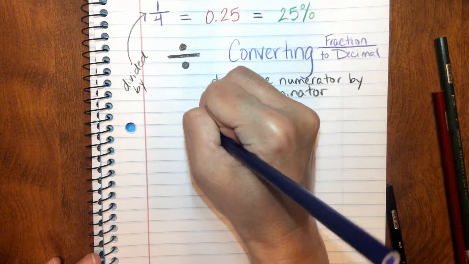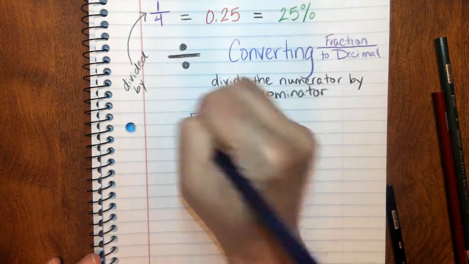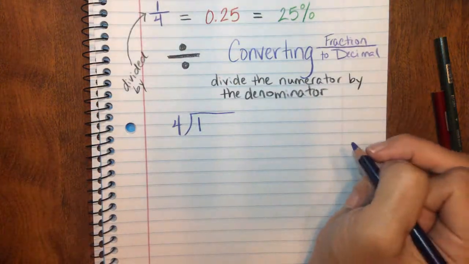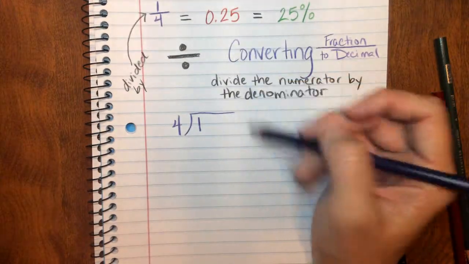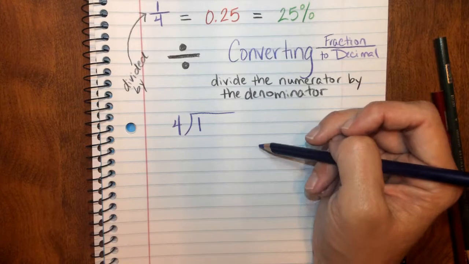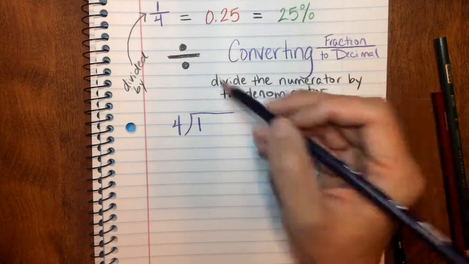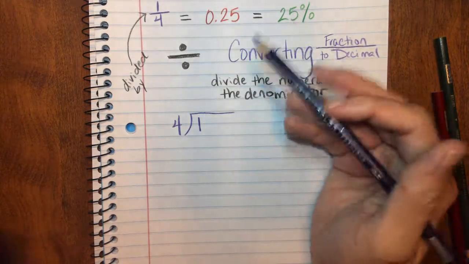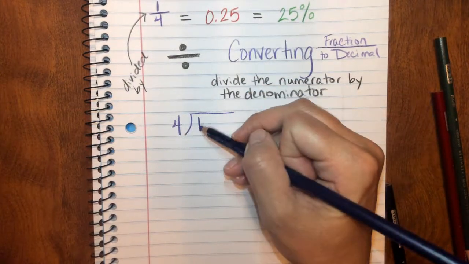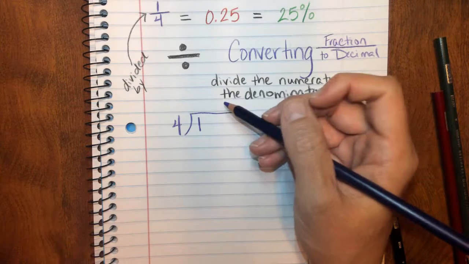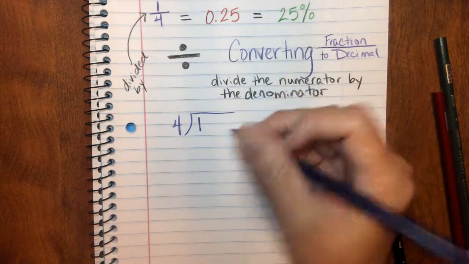And if you forget which one to divide into, let me just tell you, if it's easy, you're probably not doing it right, unless it's a mixed number. Because 4 divided by 1 is easy, 1 divided by 4 is not.